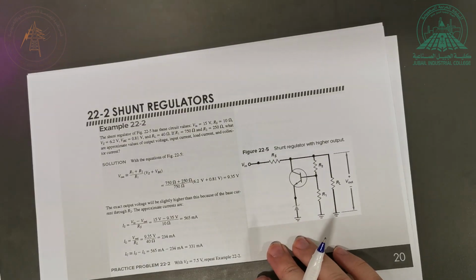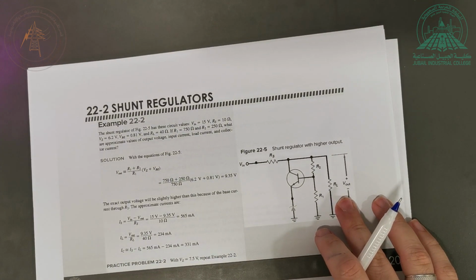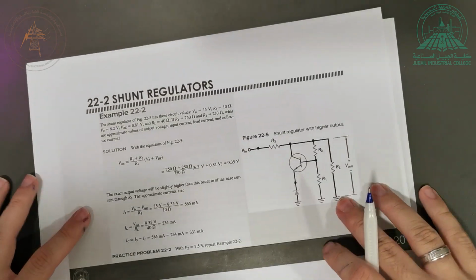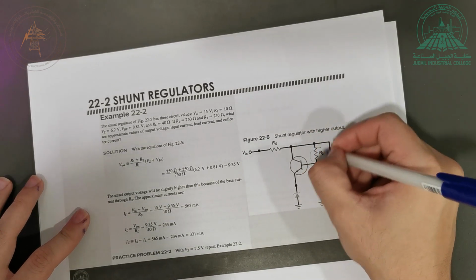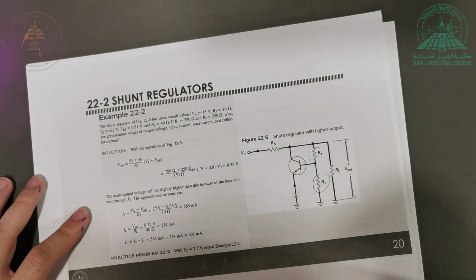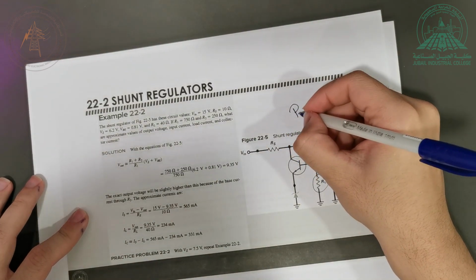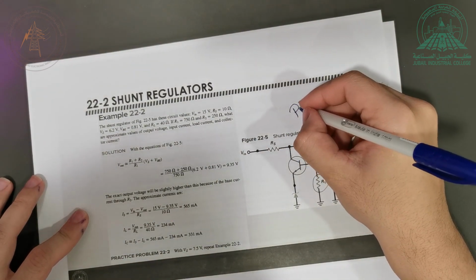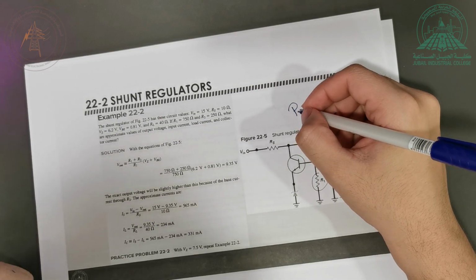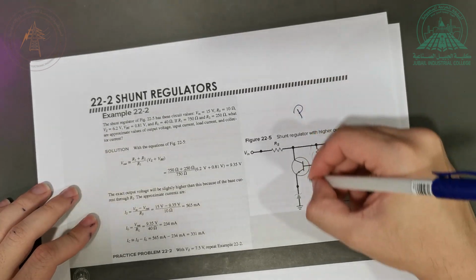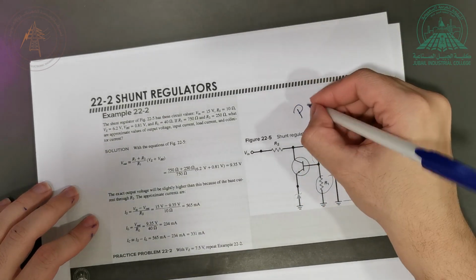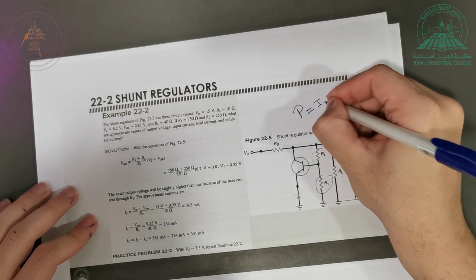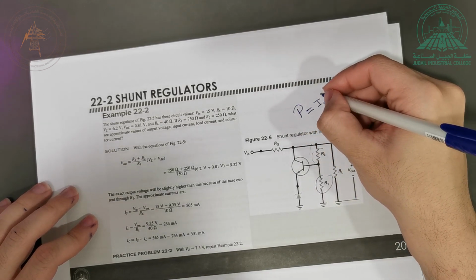Actually, another place that the power is going to be consumed is R1 and R2. Remember, the dissipated power, or the absorbed power by these two resistors, is equal to what? It is equal to I square R, right?